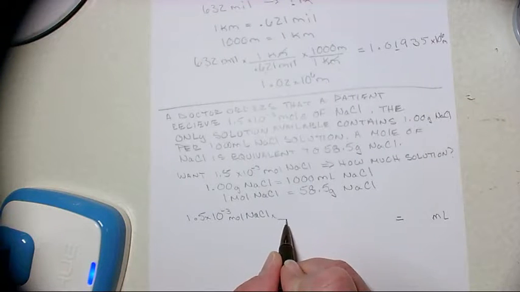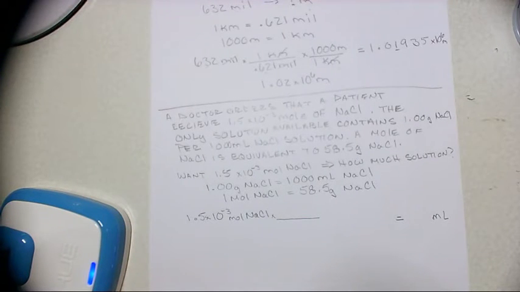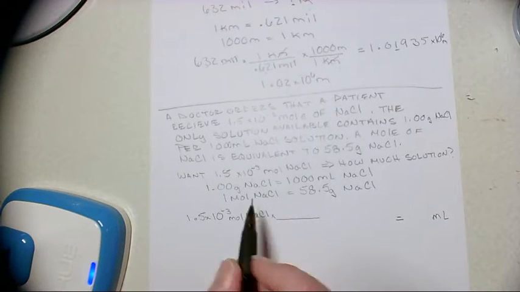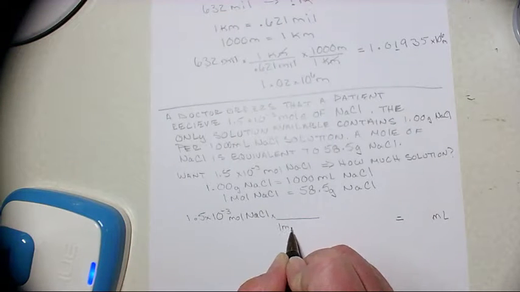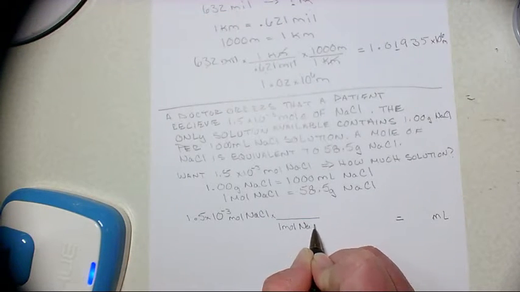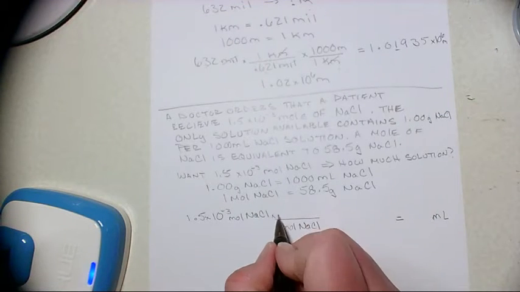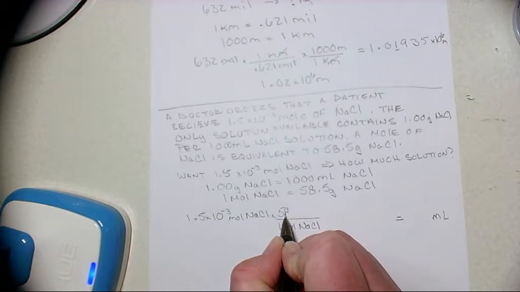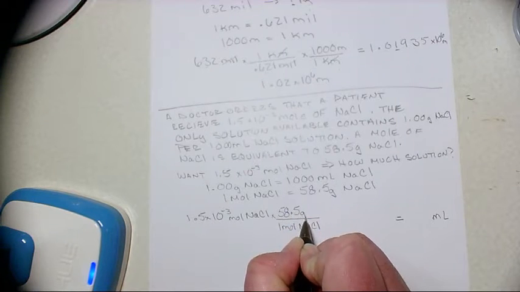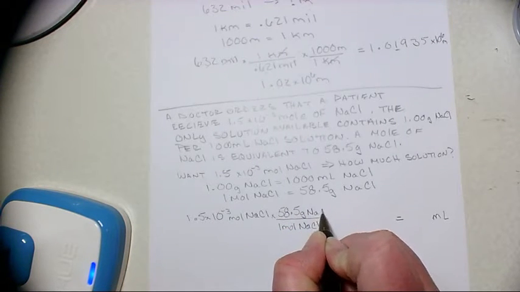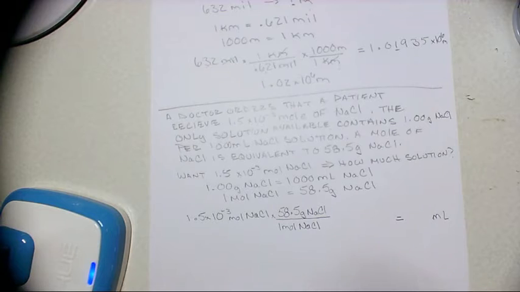We want the mole on the bottom, so I have something that references moles here. So 1 mole of NaCl, and what is its counterpart? That's that 58.5 grams of NaCl. Okay, so now I'm in grams. I've gotten rid of my moles.